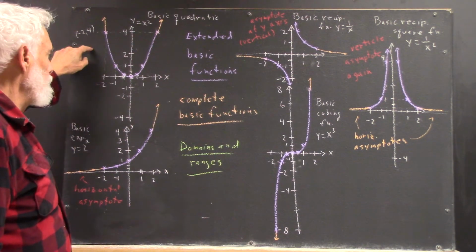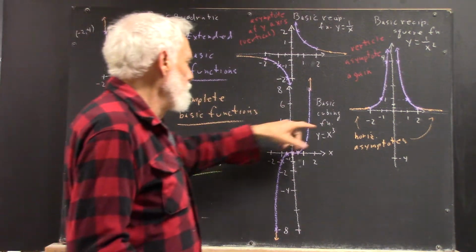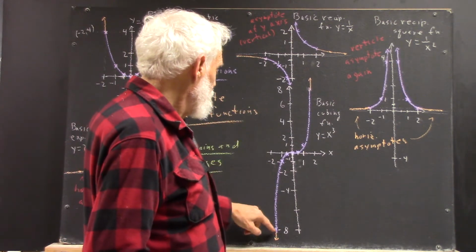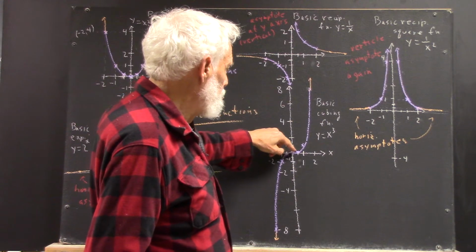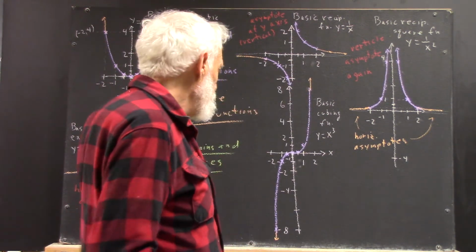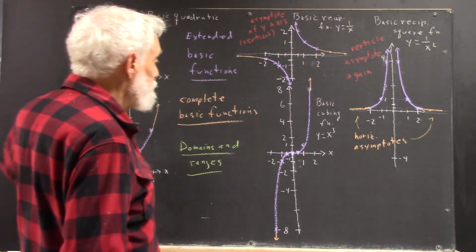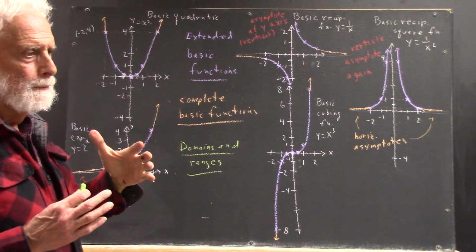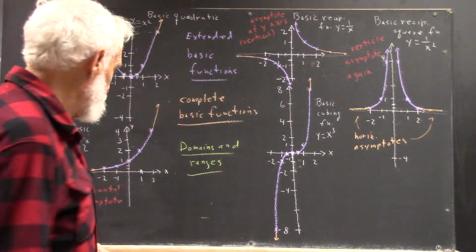And this is the only function of the 5, well, actually, no, it isn't. The domain of the cubic function, basic cubic function, is also x equals -2, -1, -1/2, 0, 1/2, 1, and 2. So in both of these cases, the domain consists of all the standard values for the basic functions.